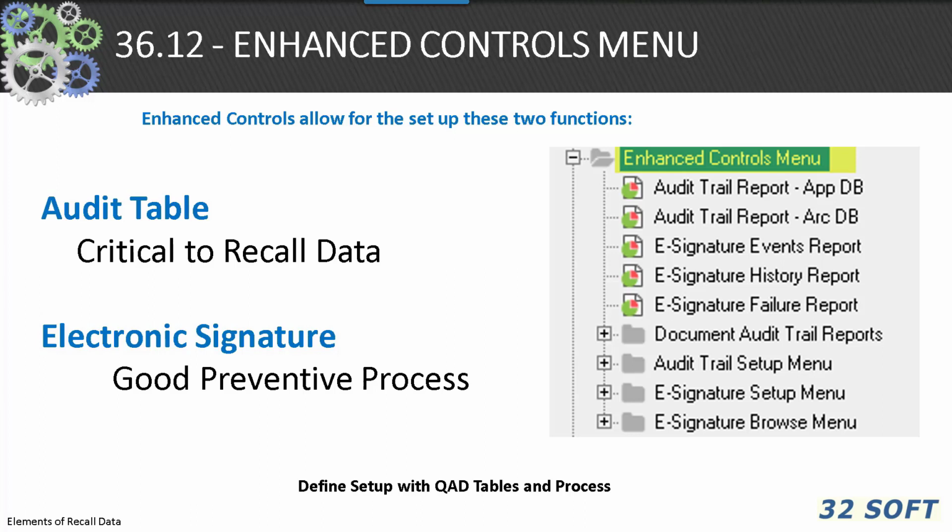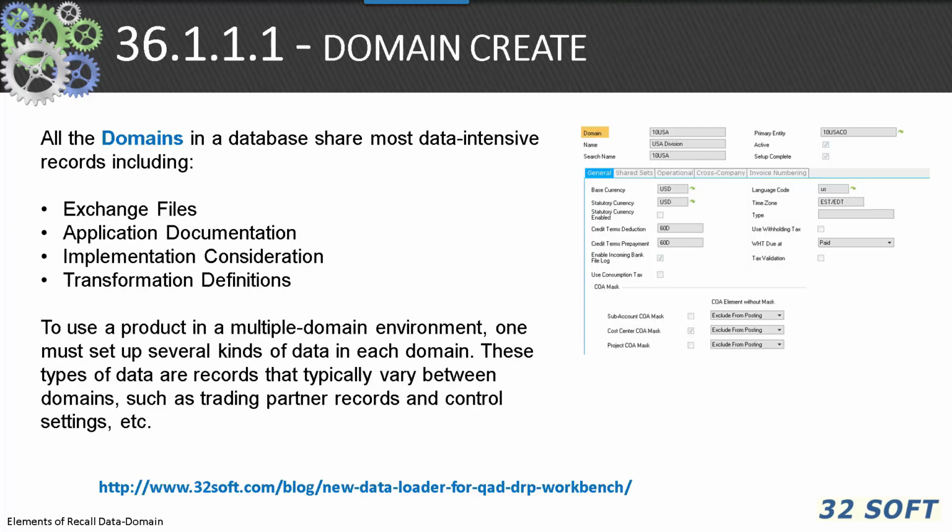Enhanced controls allow for two specific functions that can be of significant assistance when dealing with recalls. The first is audit table, which defines the functions and fields of when and by whom data got updated, and electronic signatures, which are used for predetermined points in the process that require various levels of signature approval.